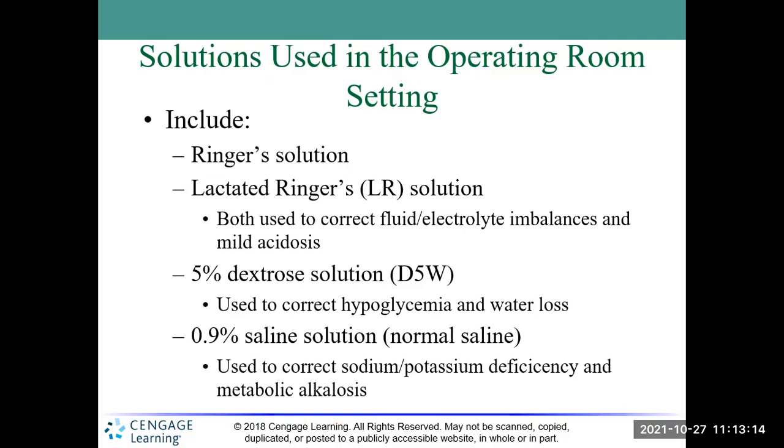This is used when there is either water loss or hypoglycemia, so it'll correct both of those. And then your normal saline, which is 0.9% saline solution, is typically used to give a state of maintenance. It can also be used if there's a sodium or potassium deficiency, or if there's metabolic alkalosis.